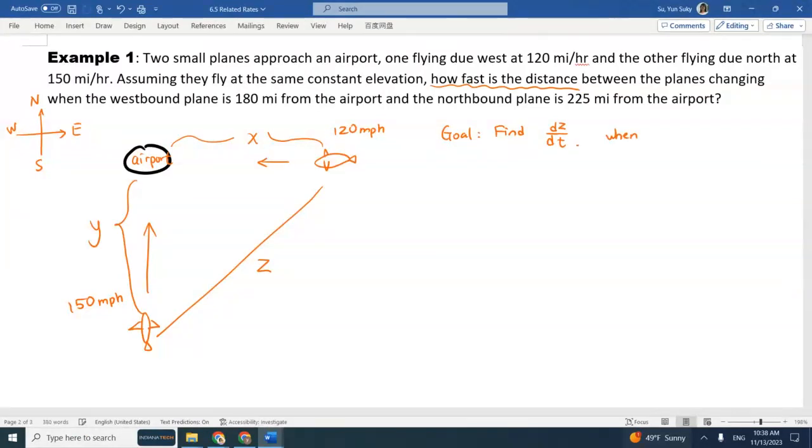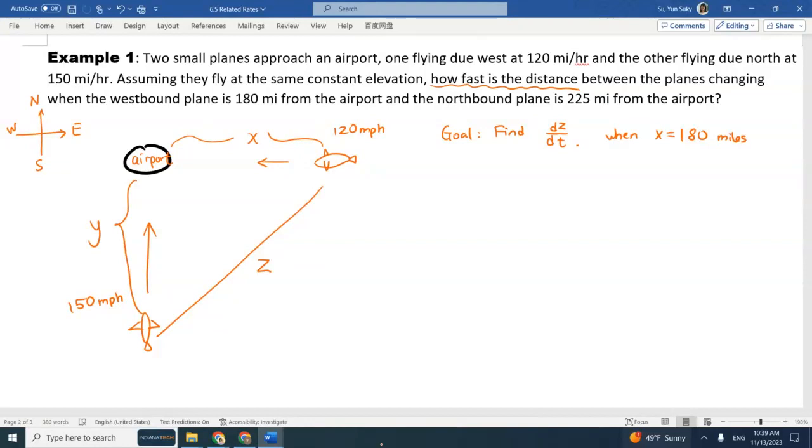When the westbound plane is 180 miles from the airport. So the westbound plane is this one, right? When x is 180 miles.